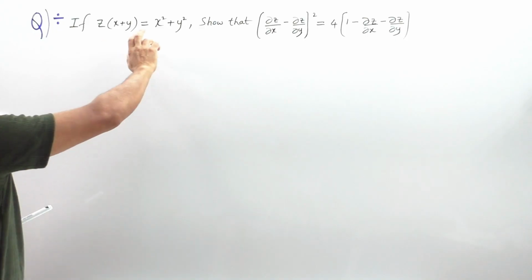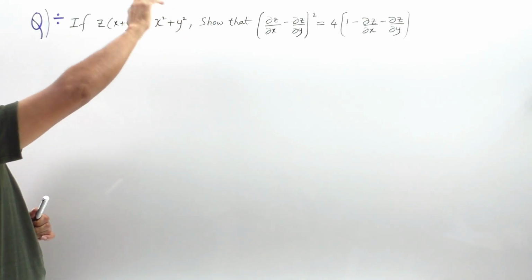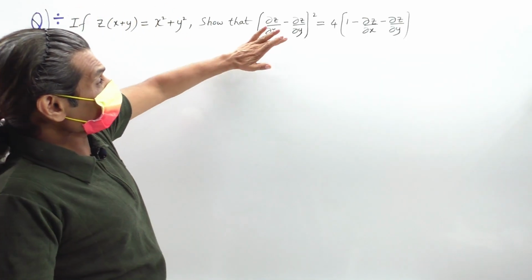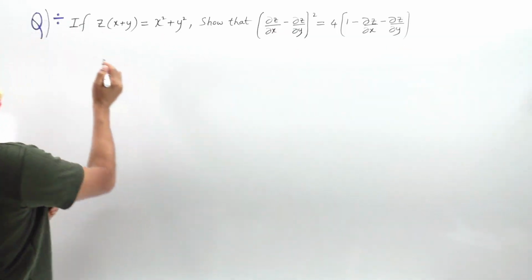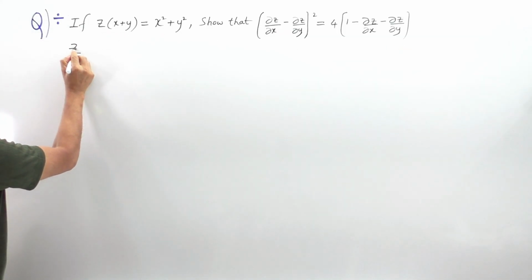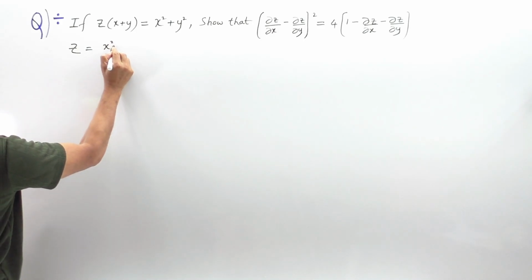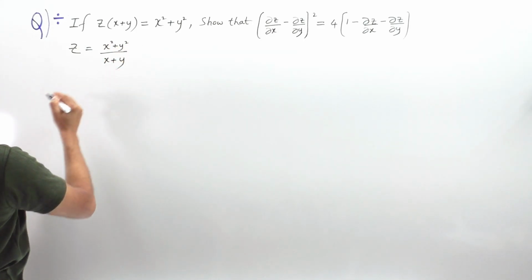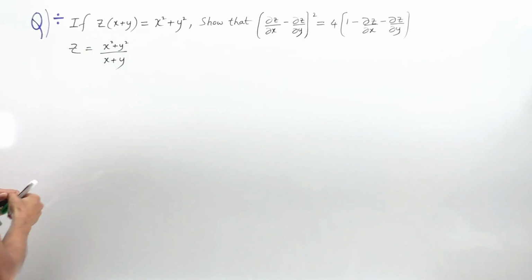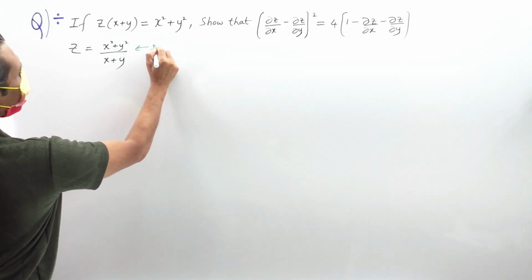See, you have a question here: z into x plus y is equal to x square plus y square. They are asking dou z by dou x, dou z by dou y. Correct. So, I will write in form of z. So, z will be x square plus y square by x plus y. Now, this is again a symmetric function.